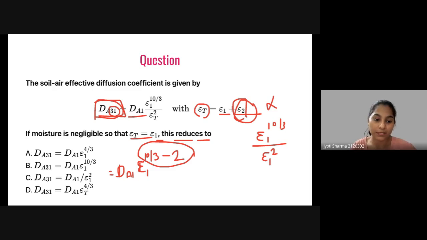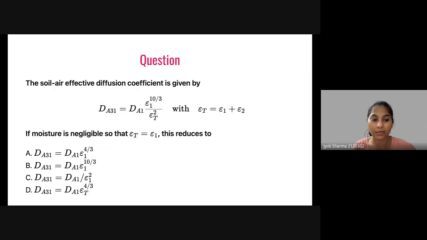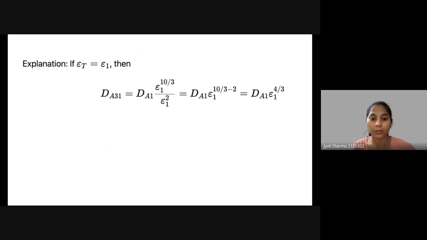I think this one, A1. Yeah, so this is 10/3 minus 2, and this will give us 4/3.